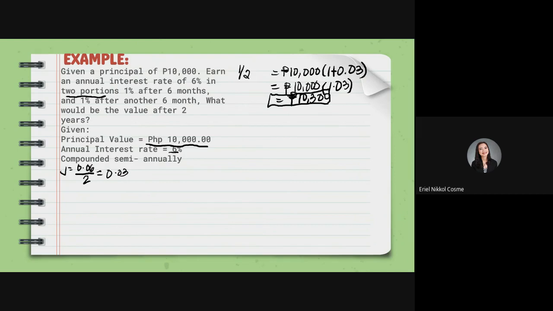What about 1 year? So, you have 10,300 times 1 plus 0.03, which is 10,300 multiplying by 1.03.